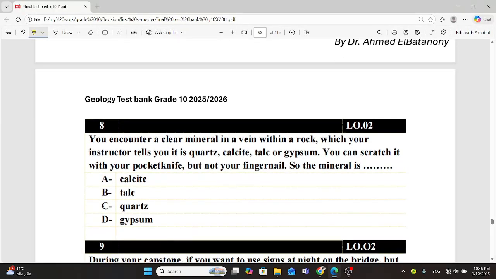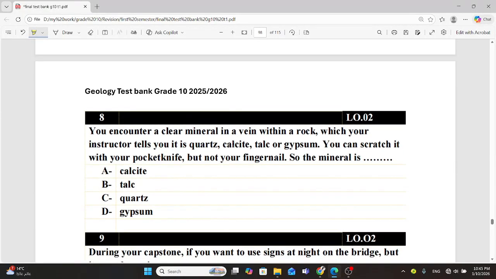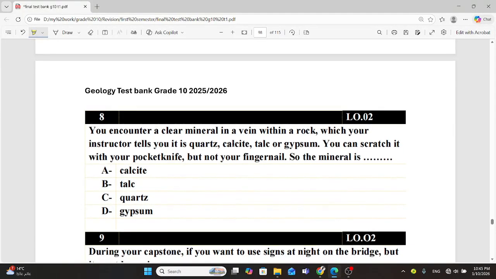طيب بعد كده you encounter a clear mineral in a vein within a rock which your instructor tells you is a quartz, calcite, talc or gypsum. You can scratch it with your pocket knife, okay, but not your fingernail. So the mineral is احنا ما بين البوكيت نايف and fingernail. تمام. يبقى calcite ولا talc ولا gypsum ولا quartz. تبقى gypsum.